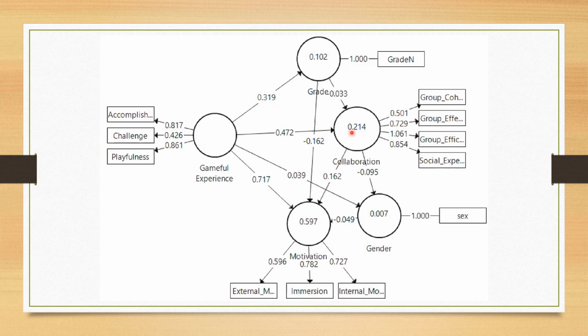We also have one where we could look at gameful experience's effect on collaboration as collaboration impacts gender, which it's not really in this case. And they also had one to see if gender was impacting motivation. But again, it's a small value, not indicating to me that there's a strong effect.